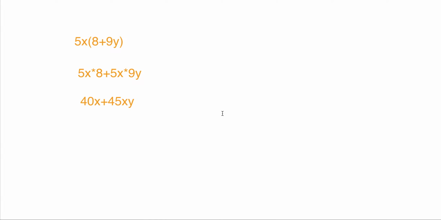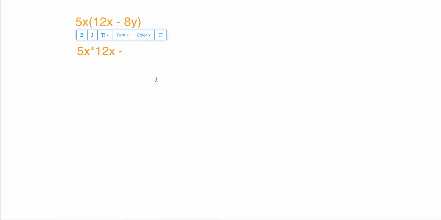We're going to move on to the next example, which is here. 5X in brackets 12X minus 8Y. So 5X multiplied by 12X, minus, make sure a positive multiplied by a negative is a negative. So make sure that negative sign is there.